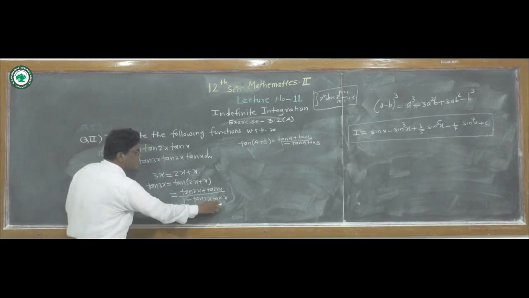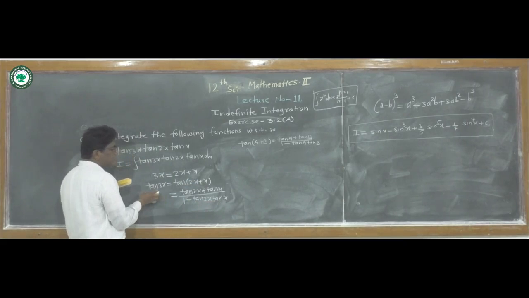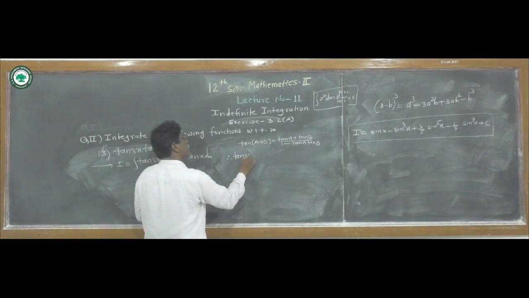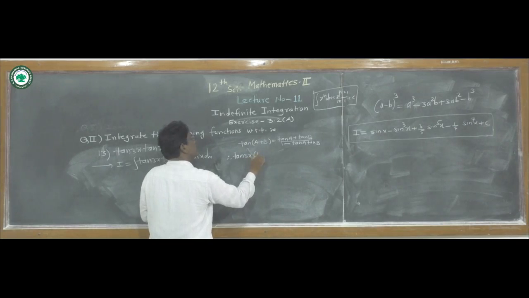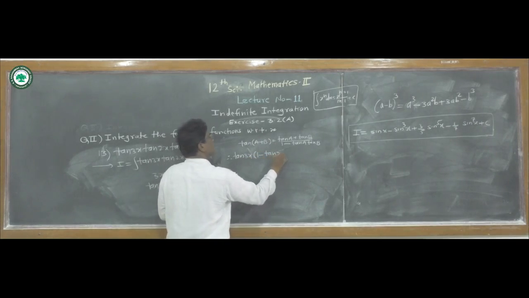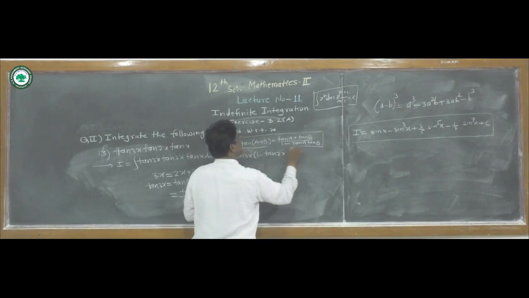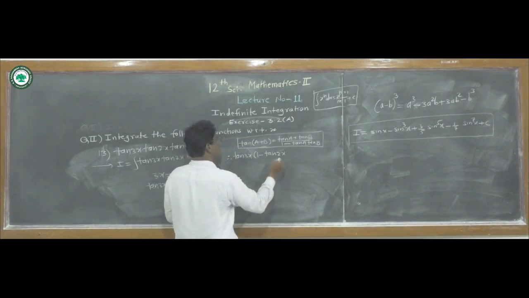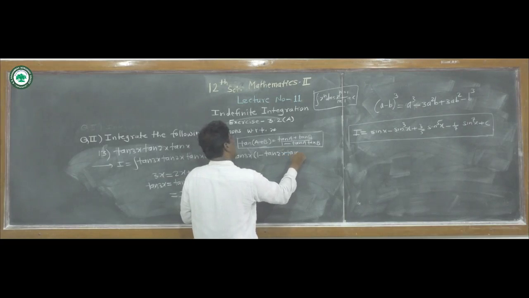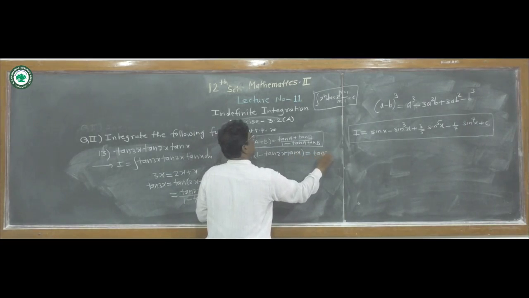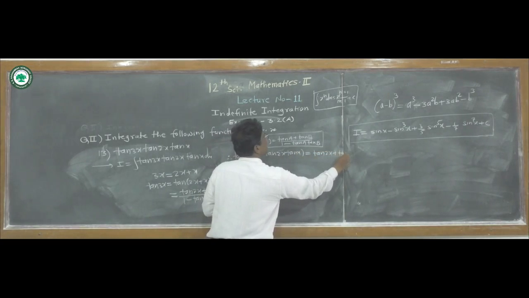Now carry this denominator to the left side, and therefore we get tan of 3x into 1 minus tan 2x into tan x is equal to tan of 2x plus tan x.